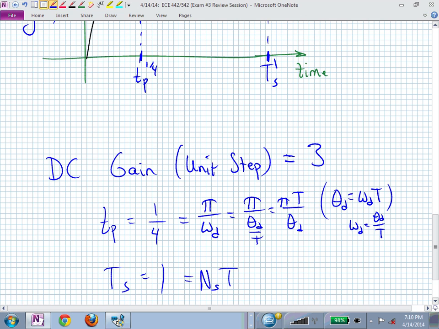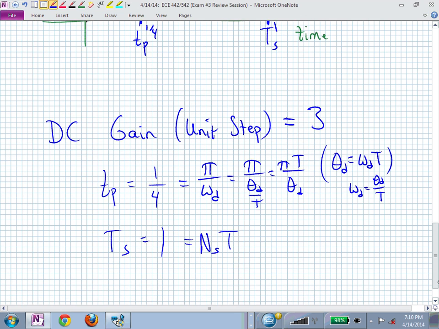But now if I gave you capital T, the sample period, you also know that r to the n sub s is equal to 0.01. And you can now solve for r. You now have r at an angle theta sub d. You now know the 2 complex poles. Is that clear? So you can experimentally do system identification. If somebody excites your system with a step, you now know how to do that.